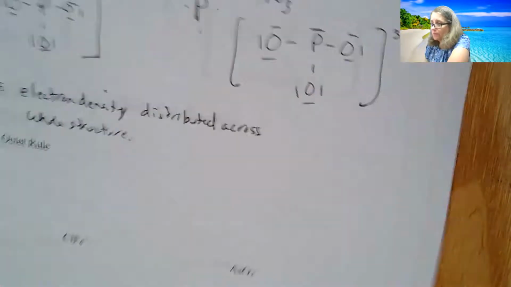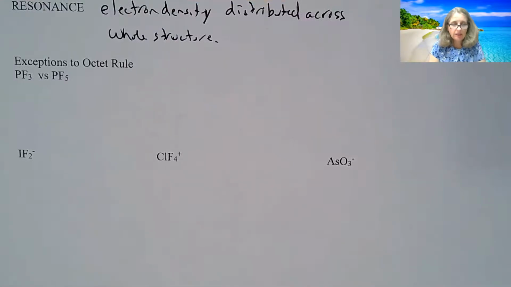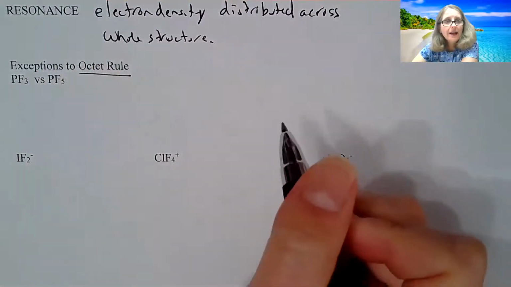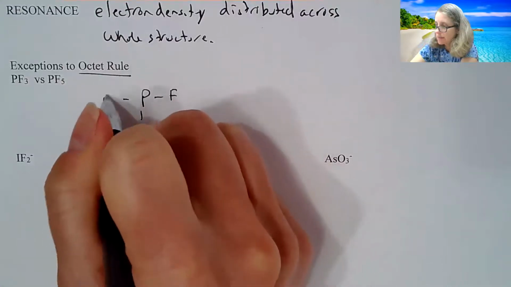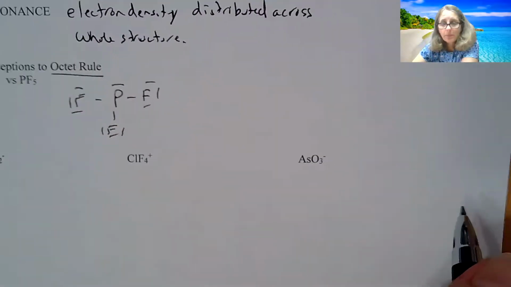All right, so to kind of add to this just a little bit, if I have PF3 versus PF5, do realize that you can go what we call beyond the octet. Okay, so phosphorus does typically make 3 bonds, you know, and it has a lone pair.